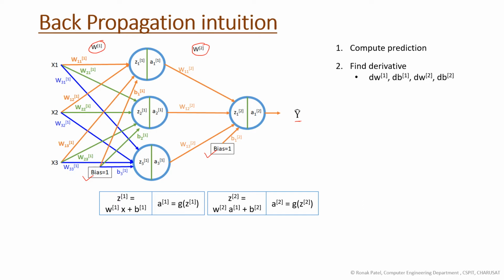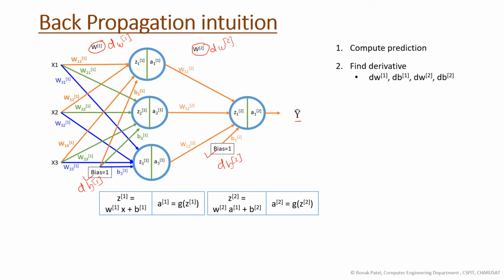The second is you need to find out derivatives, meaning your gradients. So you need to find out your dW1 and dW2, this is your db1 and db2, right?